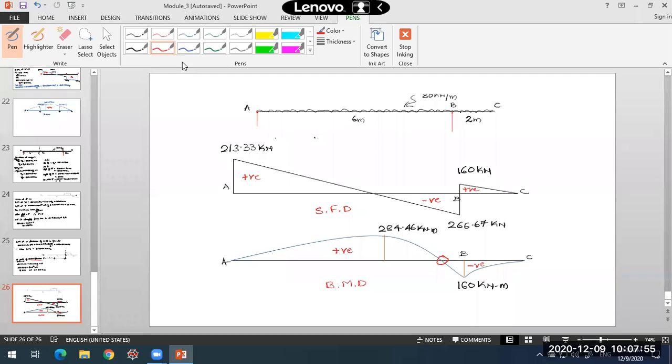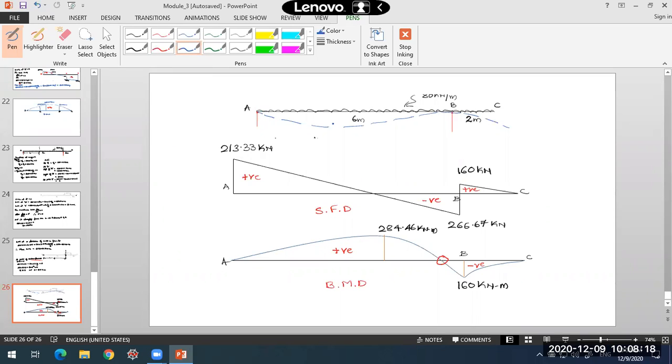What it means is, when you look at the bending of this beam on applying the load, this is how the beam will be deflected. I'm telling you hogging and sagging. In sagging, curvature will be downwards, so for that purpose we are taking this as positive bending moment.